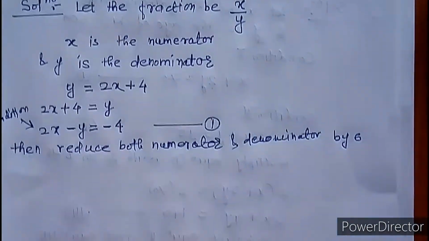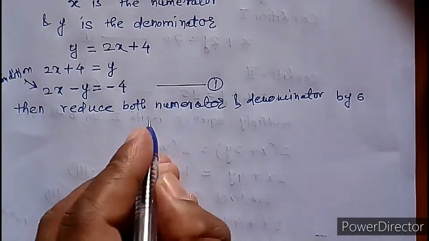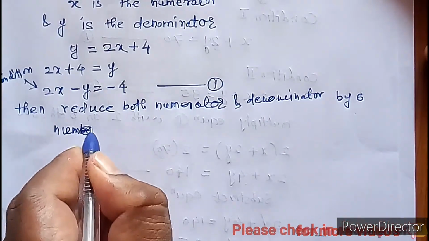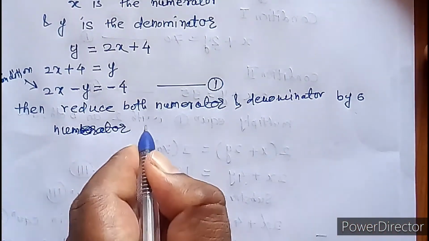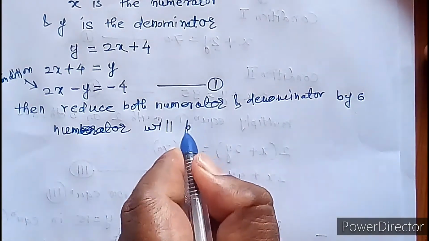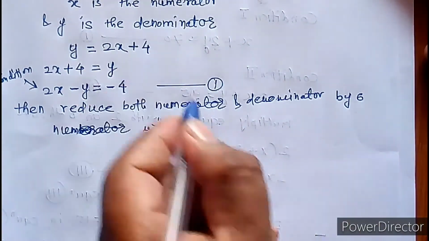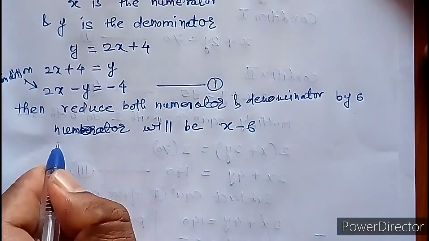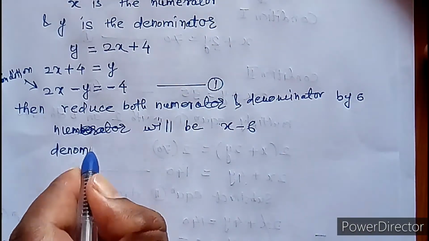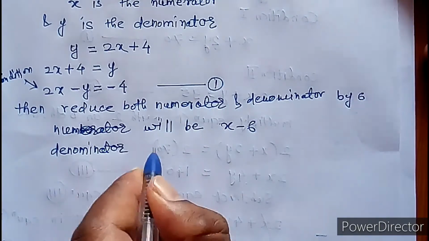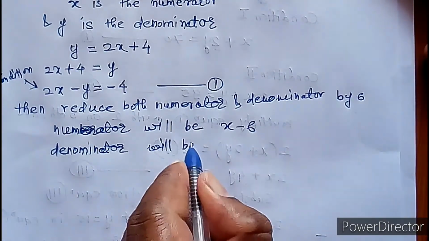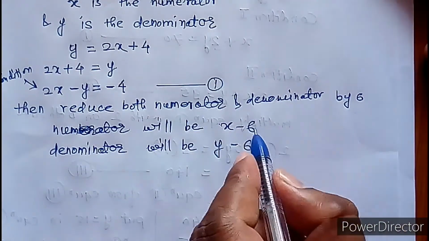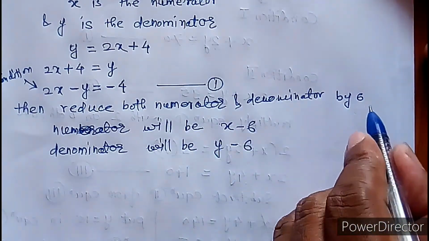On reducing, the numerator will be x minus 6 and the denominator will be y minus 6.